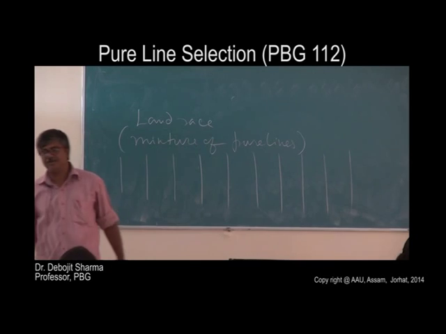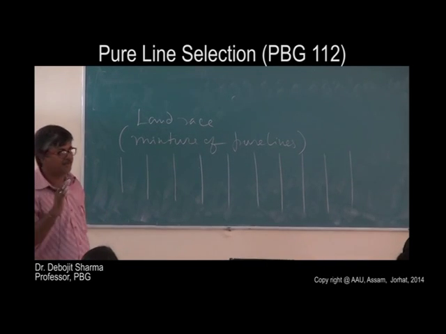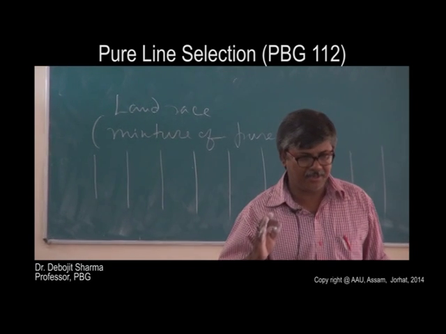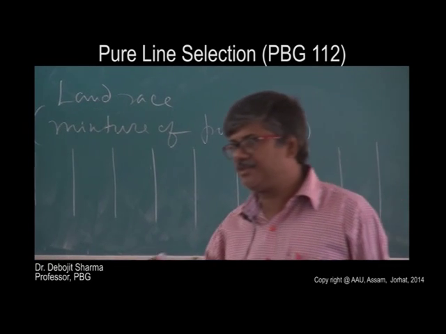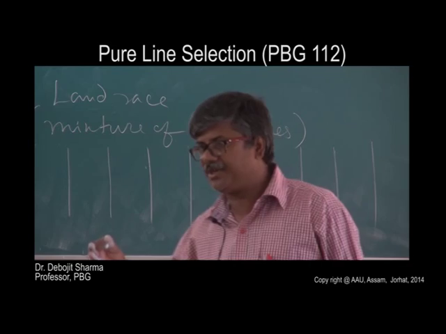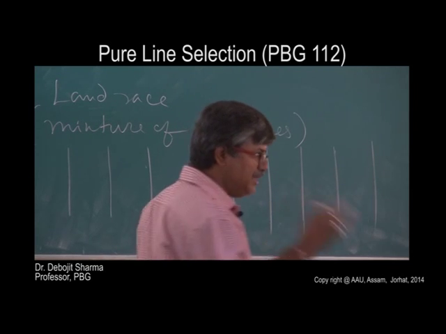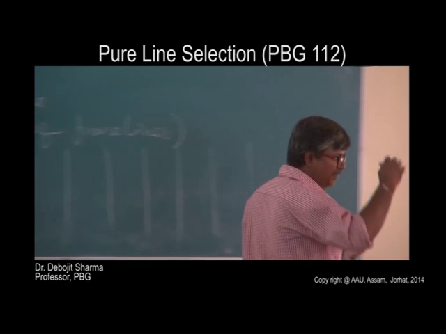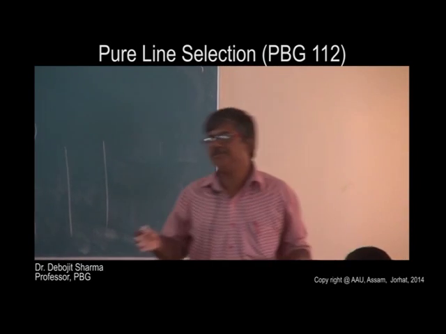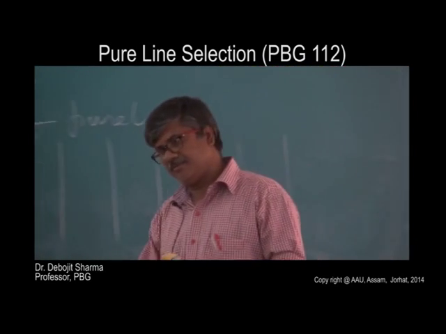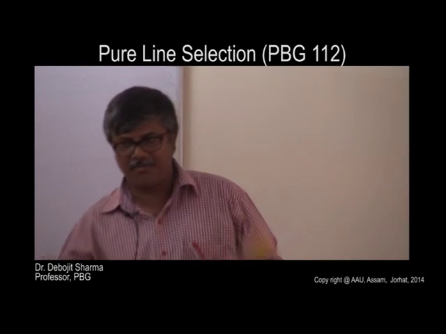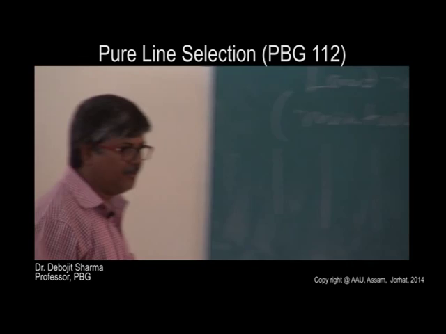We can select individual plants for some character in which the breeder is interested. Maybe earliness, stature of the plant, seed size, panicle length, grain size, tiller number, number of branches, leaf color.